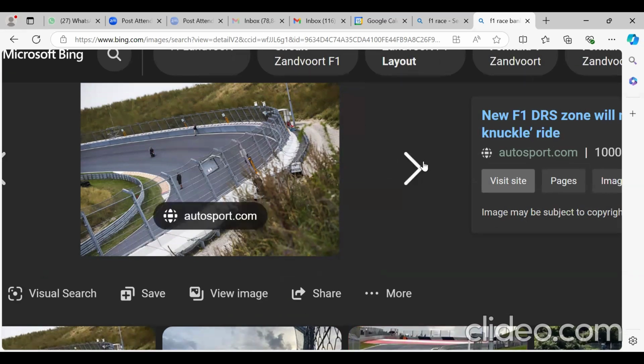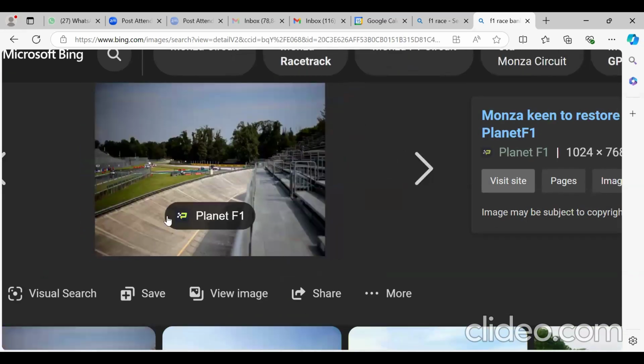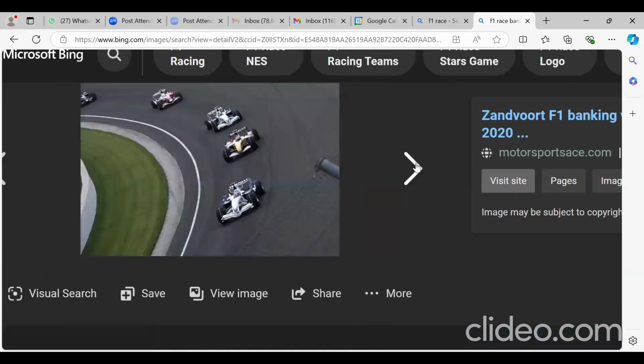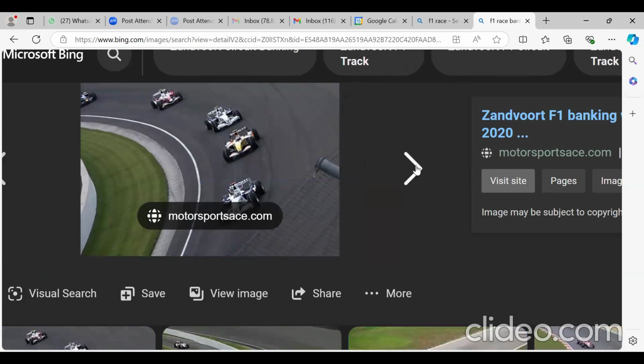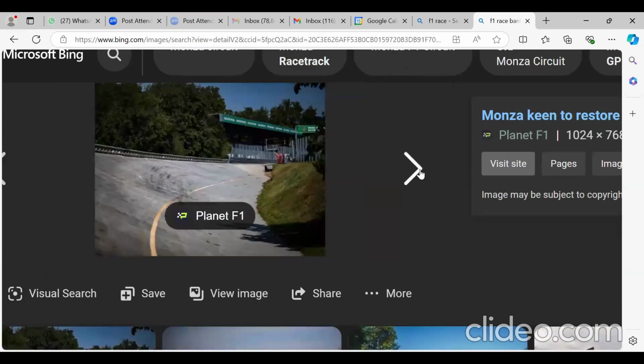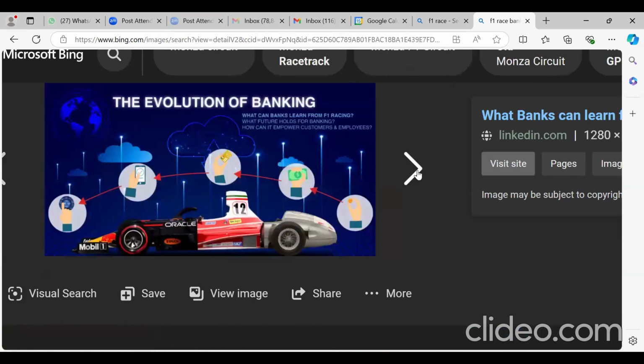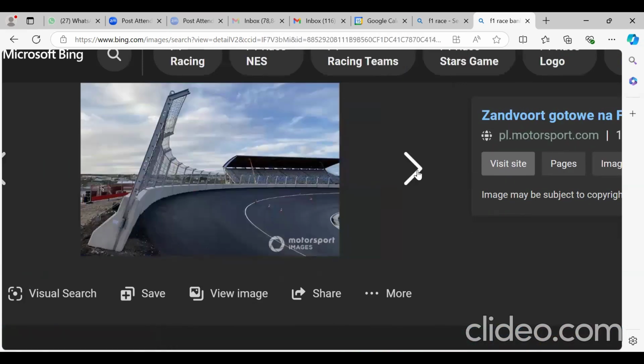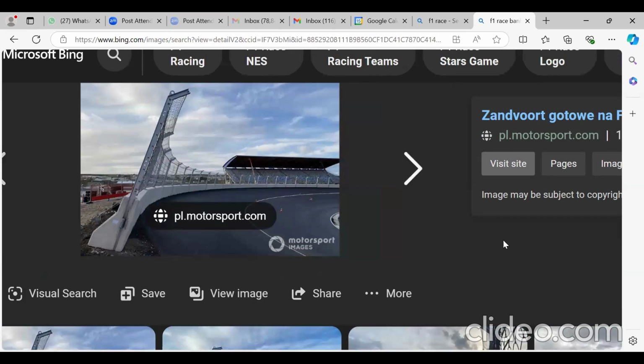This is banking on a circular track. This is banking in F1 race. Have you seen this banking? A little bit raised here. Did you see sideways a little bit of elevation? Sidely it is a little bit elevated.